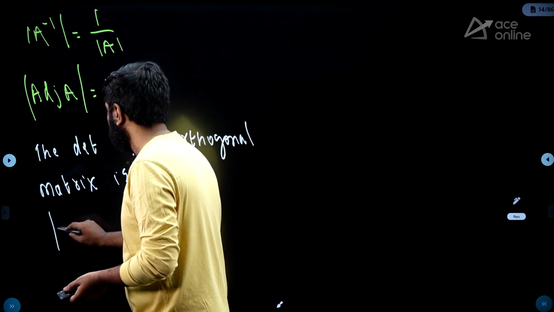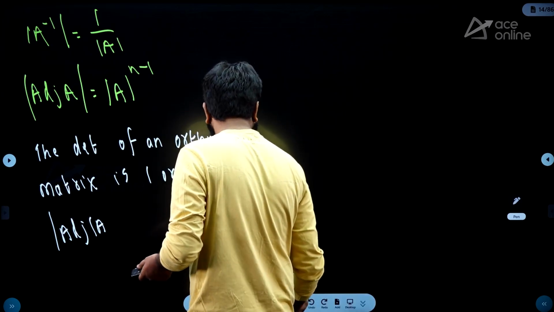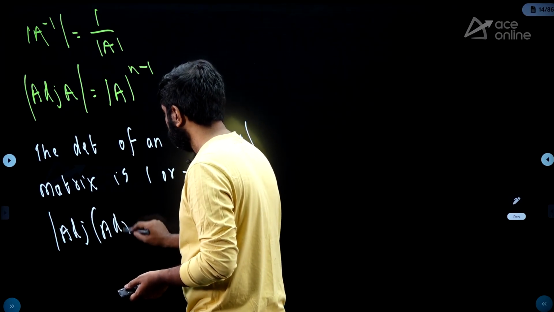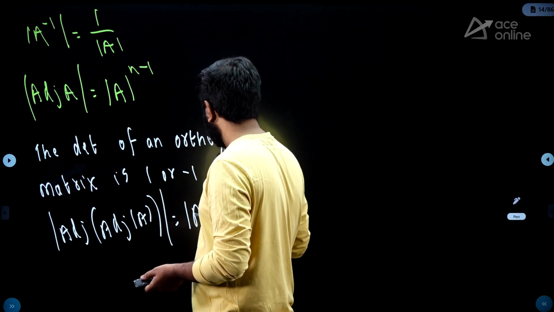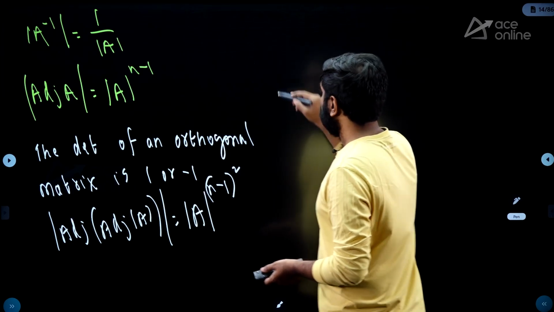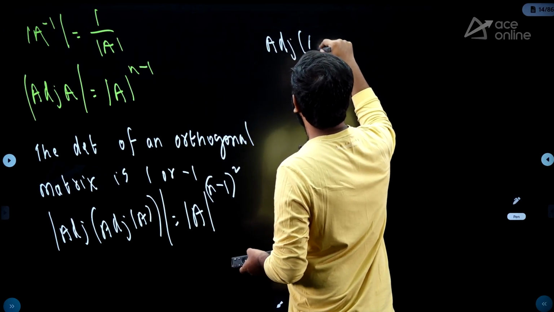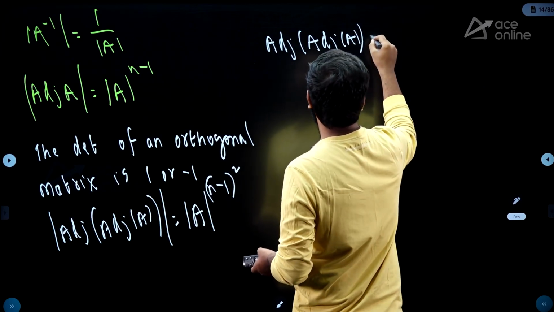One is the determinant of adjoint A. Yes, it is det A power n minus 1 whole square. And you can also find an expression for adjoint of adjoint A. So this is what I was asking. Can you recollect what I gave in the class?